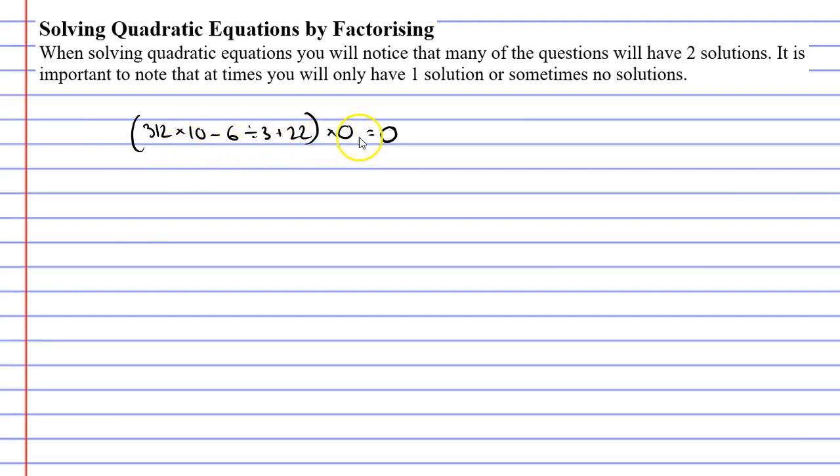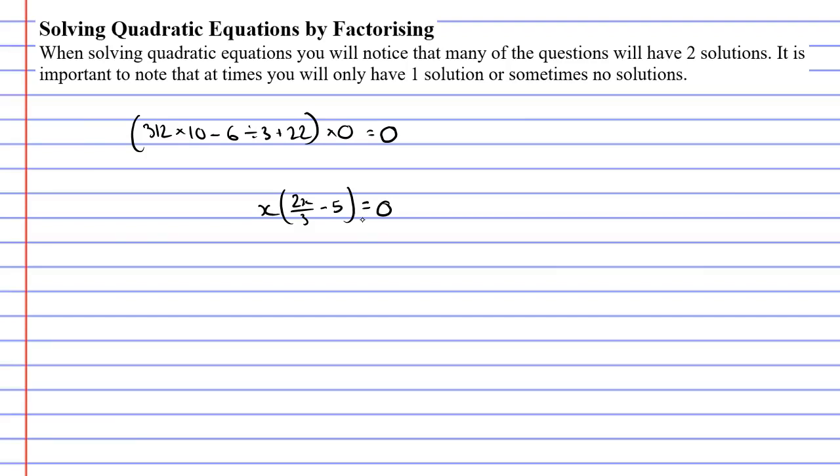Now this little activity here perfectly illustrates what we're doing when we solve quadratic equations by factorising. Let's say I had an equation that equaled 0. And let's say I have a set of brackets with quite a difficult expression in it. Let's have 2x over 3 minus 5. And then I'm going to have an x to the left of the set of brackets. And I'm asked, what does x equal? Remember the activity I did with my dad?